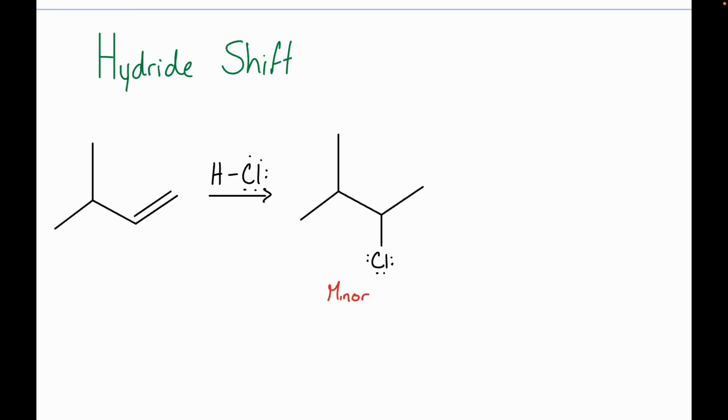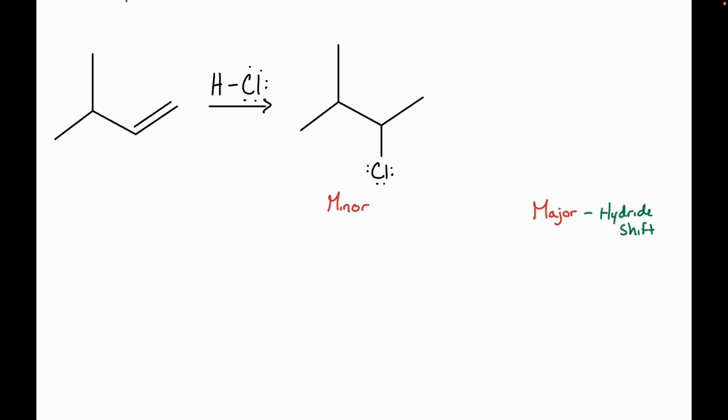All right, you will get a different major product, and this major product is the result of what's called a hydride shift. All right, so in order to see that, we got to actually go through and draw our mechanism here. Okay, we can illustrate this hydride shift with our electron pushing arrows. All right, so that very first step is the same as it always is.